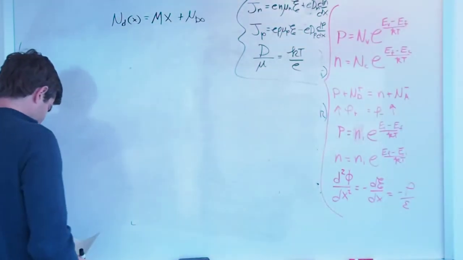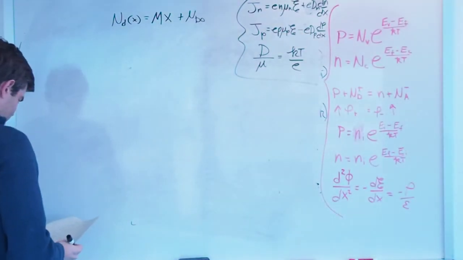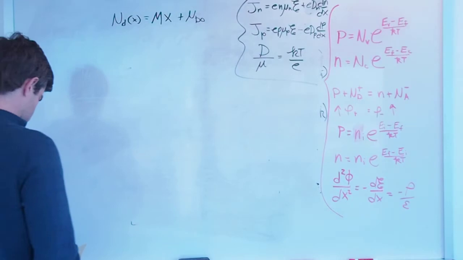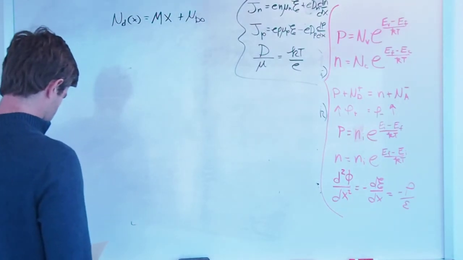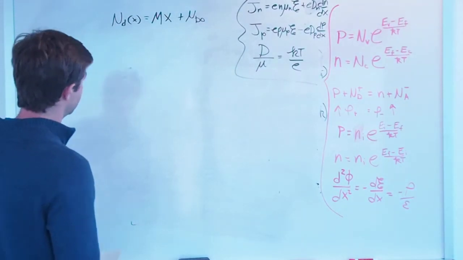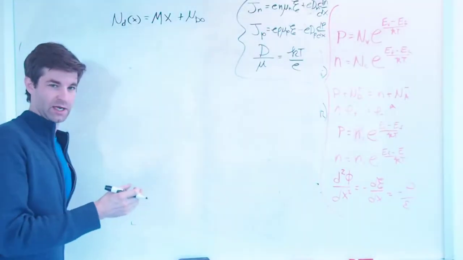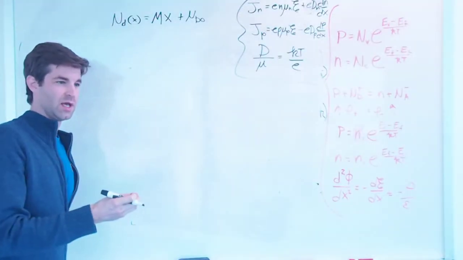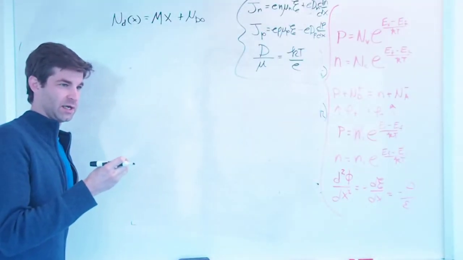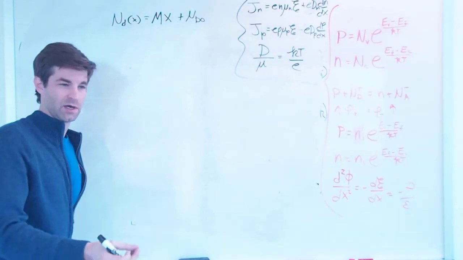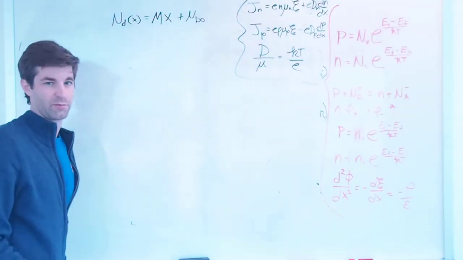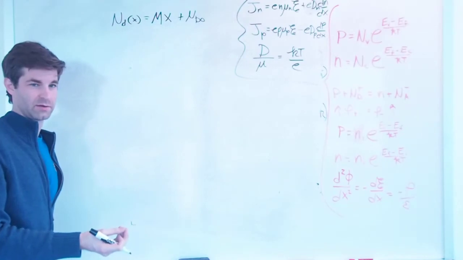Okay. And we want to find a couple things. We want to find an equation for energy, right? And if we can find an equation for energy, then we can find an energy band diagram for the conduction band and the valence band and the Fermi energy, right?